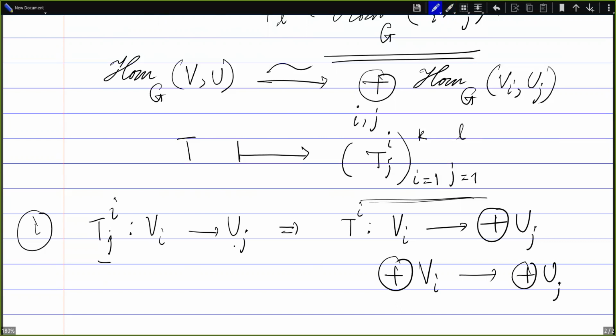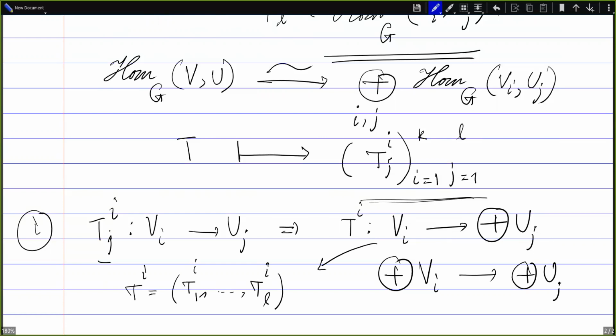Since for that i I have a linear map to each Uj, putting these maps in tuples, we get a linear map from Vi to the sum of the Uj. For your convenience, let me show you the map. Then the map Ti is nothing but Ti1 up to Til.